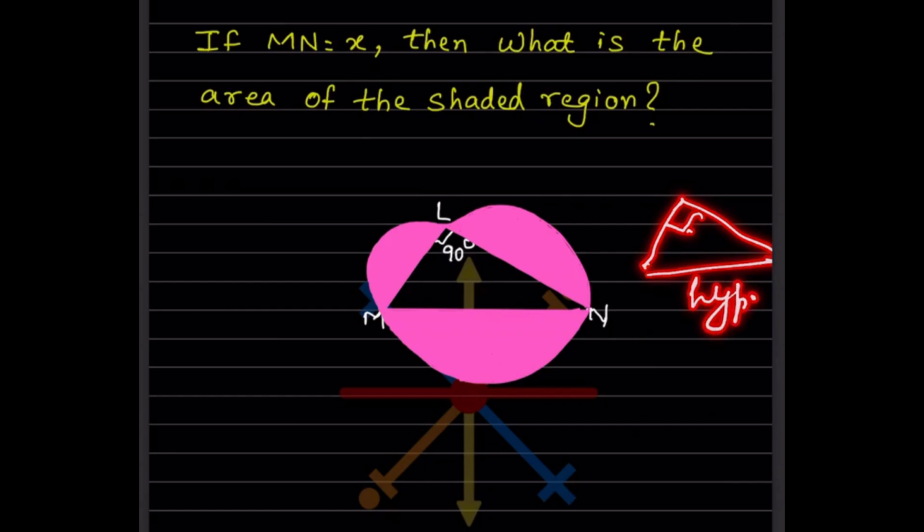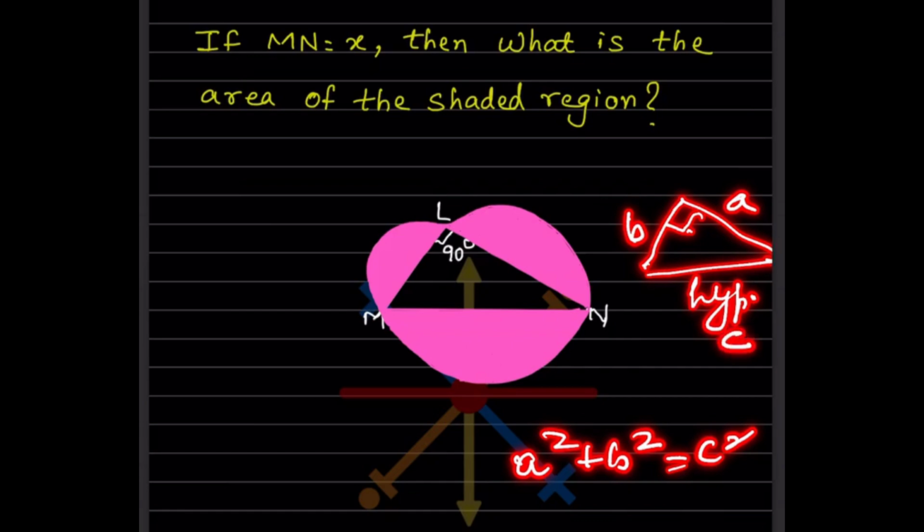Now you know the Pythagoras theorem, a square plus b square is equal to c square. Suppose we have this a, this is b, and this is c. So when you add both sides, this is L, M and N. So you will say here LM square plus LN square is going to be MN square.